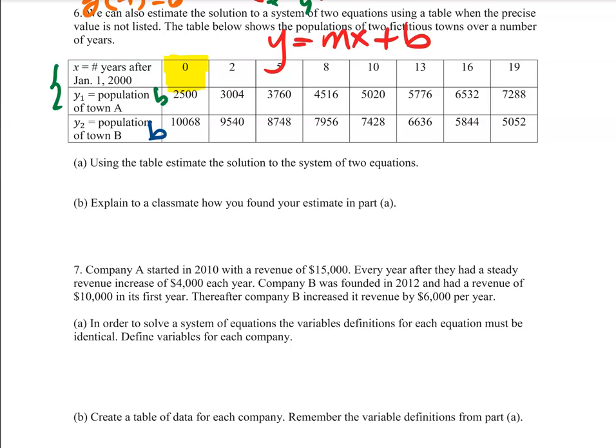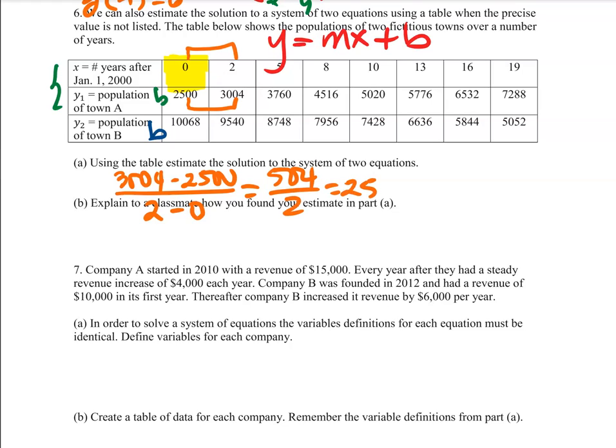So let's say from 0 to 2, we get the difference, a change in y over a change in x. So we can say that 3004 minus 2500 over 2 minus 0 is equal to 504 over 2, which is equal to 252.